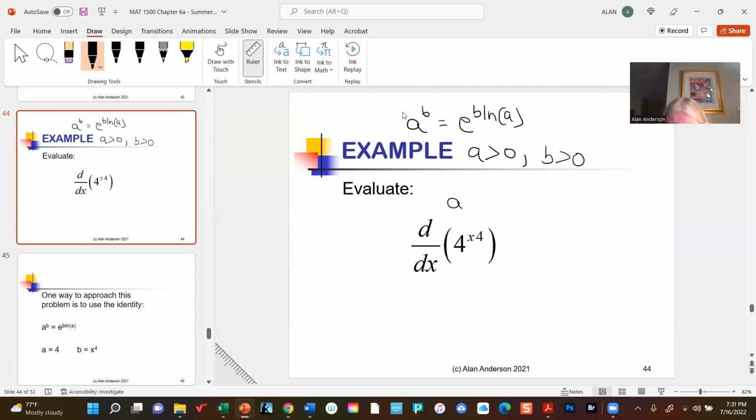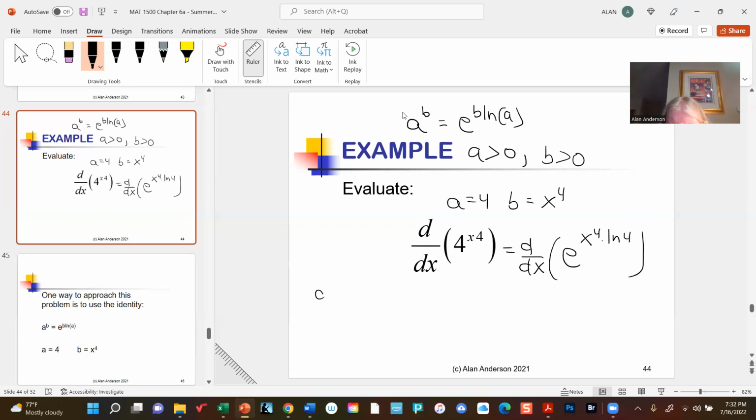Well, if you let a be 4 and b is x to the 4th power, then this is the same as taking the derivative of e to the x to the fourth power log 4. Now, log 4 is just a constant.